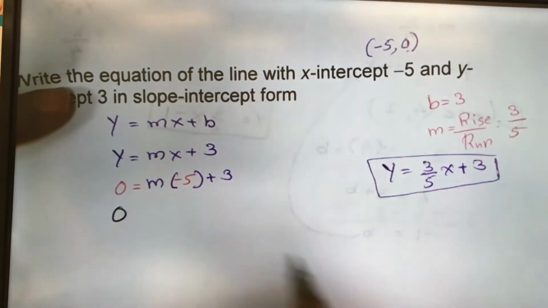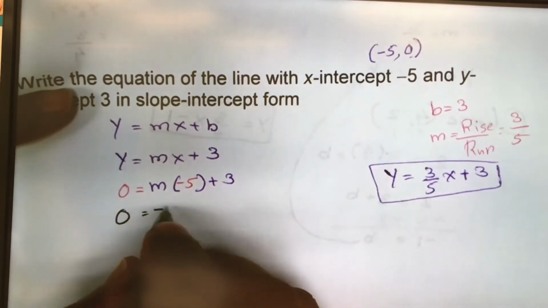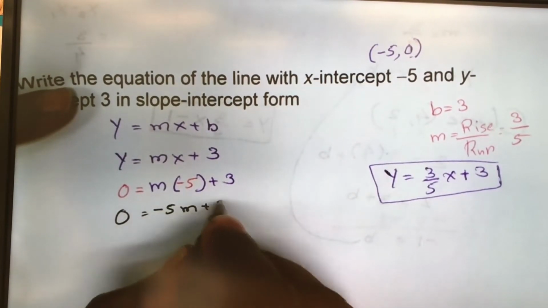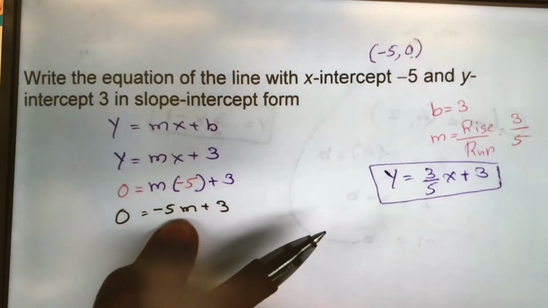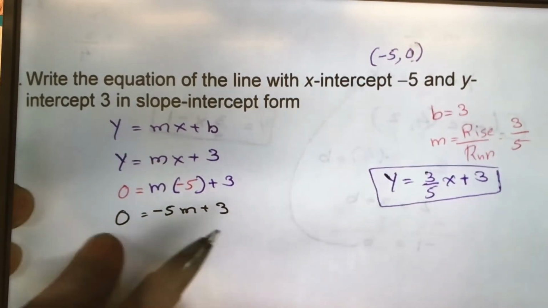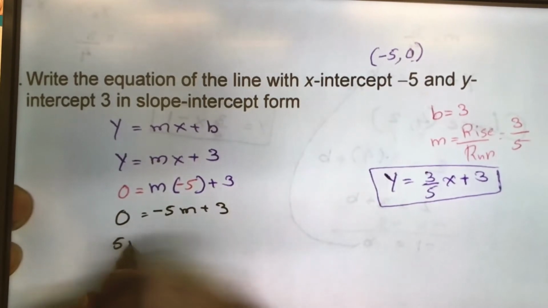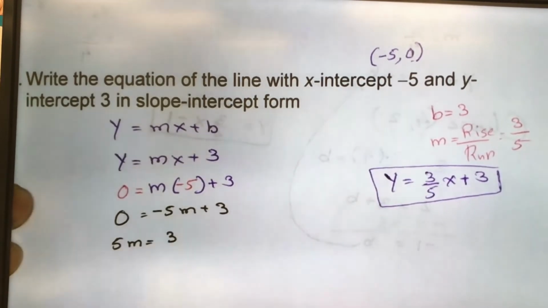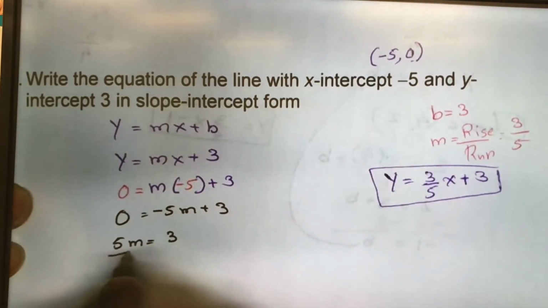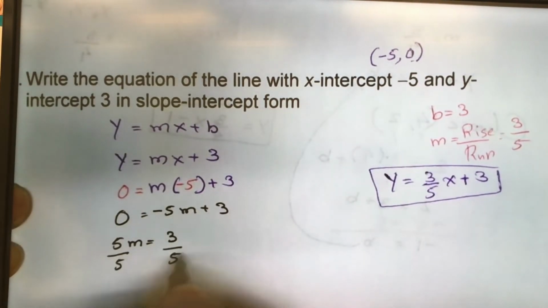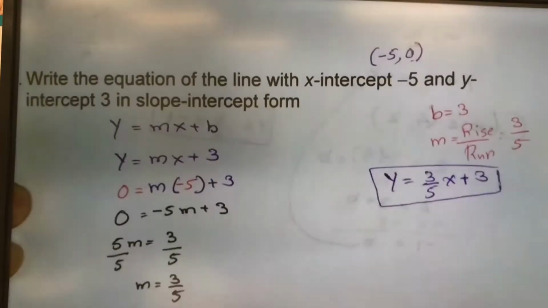I could write 0 is equal to negative 5m plus 3. To solve for m, first I need to move the negative 5m to the left side. So 5m is equal to 3. Then divide by 5 on both sides. So I get m is equal to 3 over 5. So you get the same answer here.